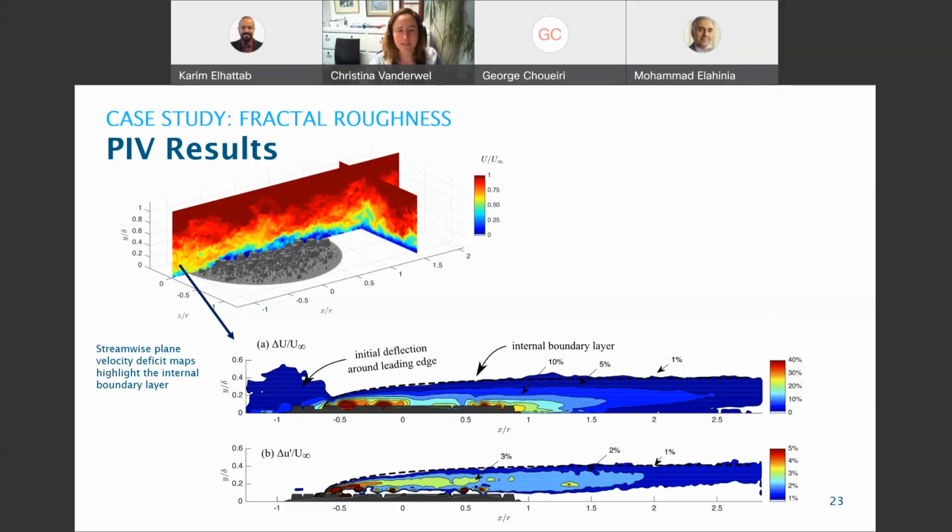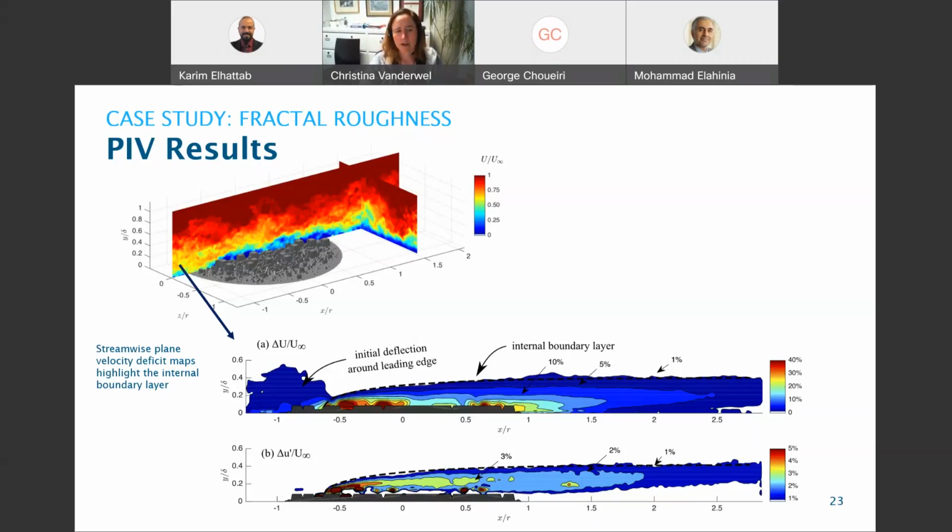So we see there's a small initial deflection around the leading edge, but then a reduction in the velocity of up to 40% from what would have been there if there was no city locally due to these buildings. And then we call the edge of this velocity deficit map the internal boundary layer that's formed by this city. And this internal boundary layer, you can also see it in the turbulence statistics.